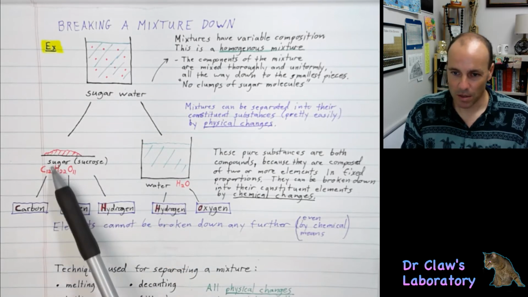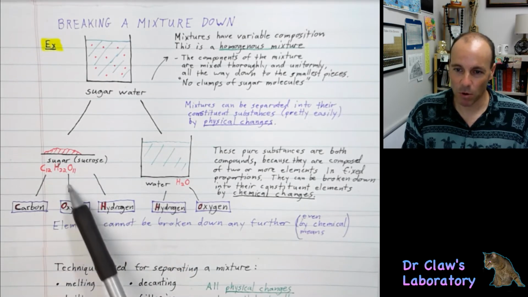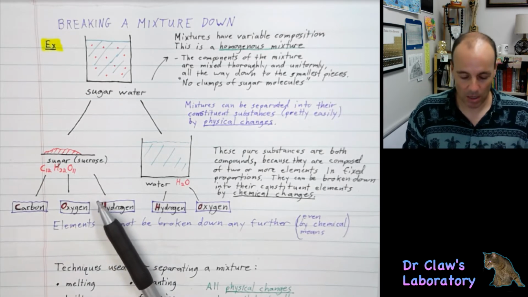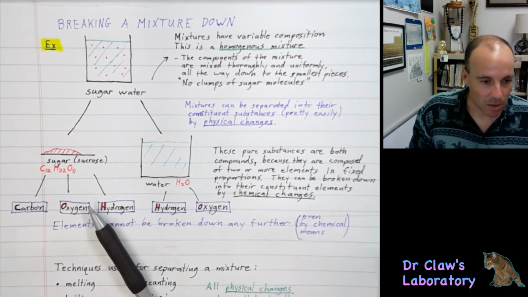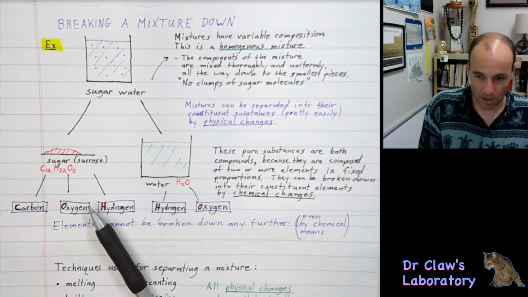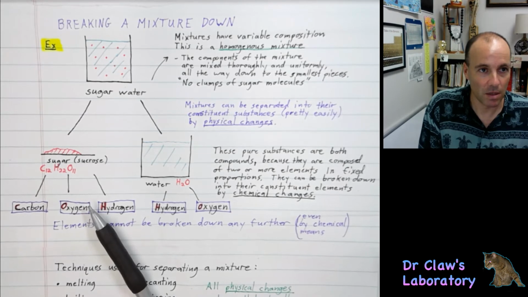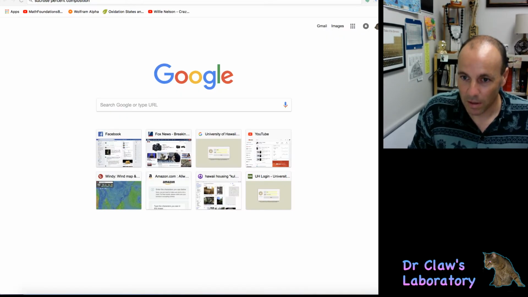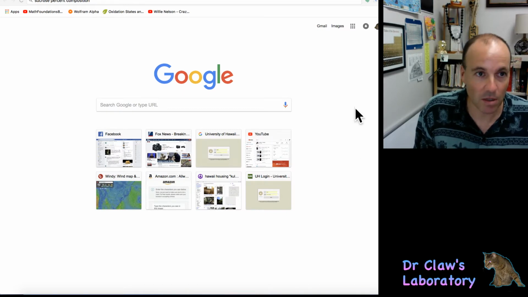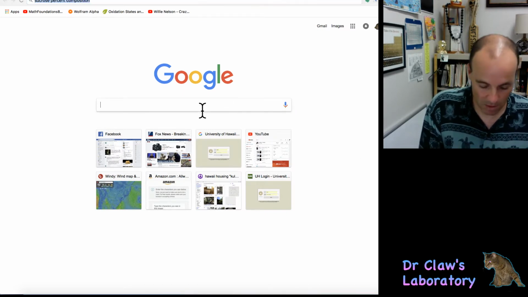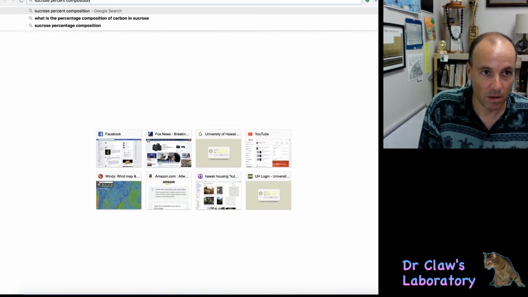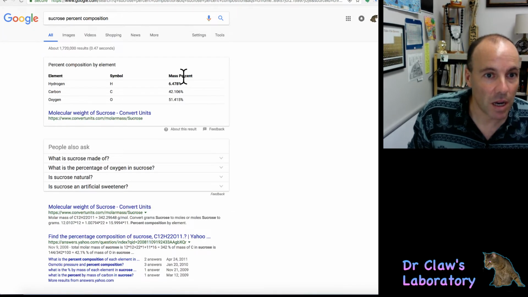Sucrose is also a compound and can be broken down into its constituent elements, which is carbon, oxygen, and hydrogen. Let me see what the percent composition of sucrose is. Just Googling this up here. Let's see.